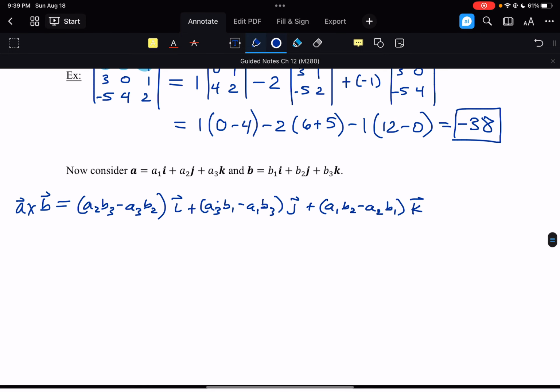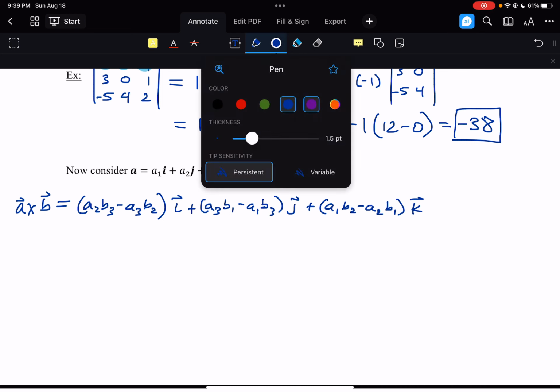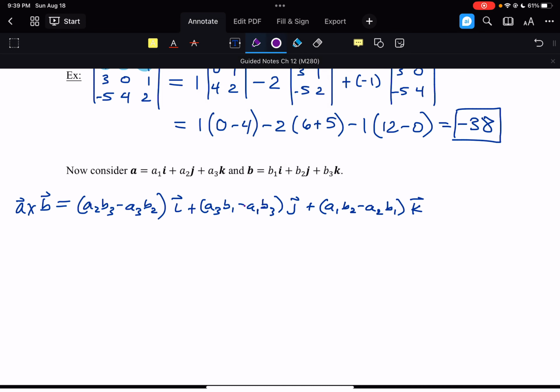Now I want to rearrange this a little bit, just the middle one. I'll just make this change right here. I want to pull a negative out of both of these and make this negative. So if I pull the negative out of here, this one becomes positive, and this one was positive, so now it becomes negative. Hopefully that makes sense. So this is going to be minus, that's going to be minus, that's going to be plus.